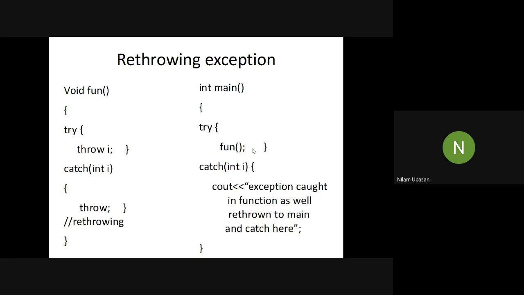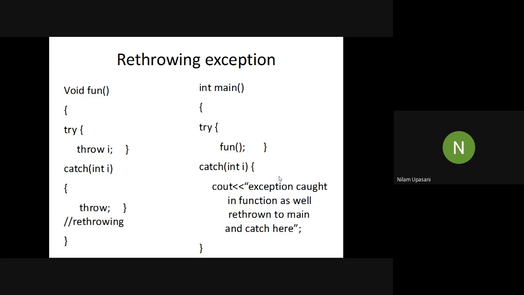And after this, control transfers directly to the next statement after catch. It won't execute the outer catch. If you don't throw it again from here, it will just execute the next part and go to the function call. Then it encounters the closing bracket. After this closing bracket of try, it will directly jump to the next statement after catch.